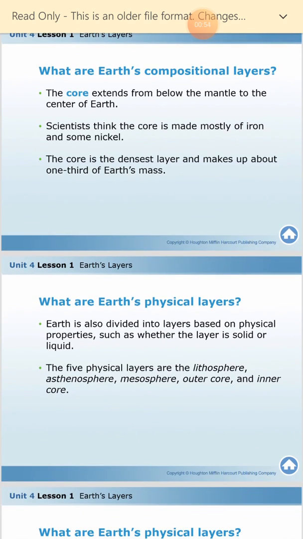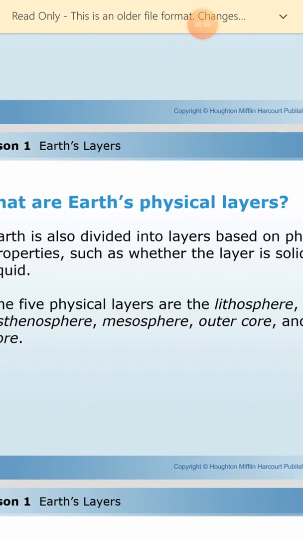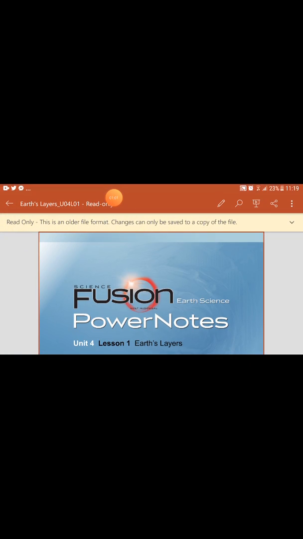Okay, let's talk about these 5 physical layers: the lithosphere first, then the asthenosphere, mesosphere, outer core and inner core.